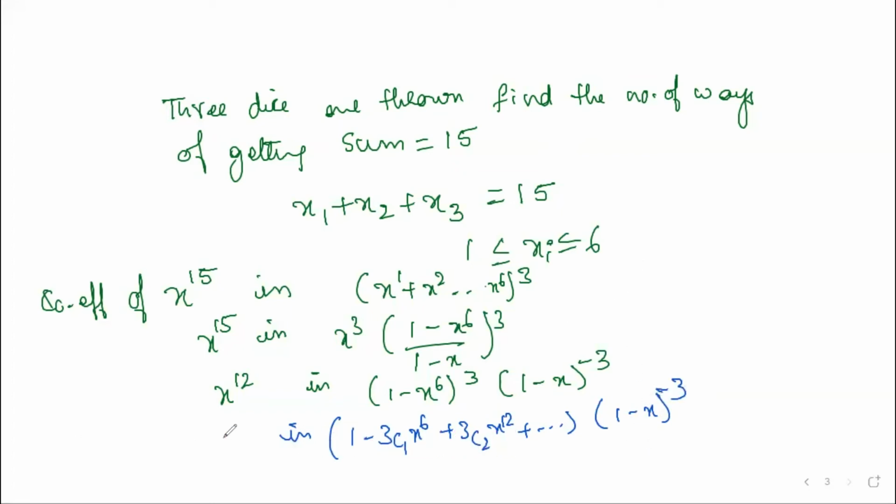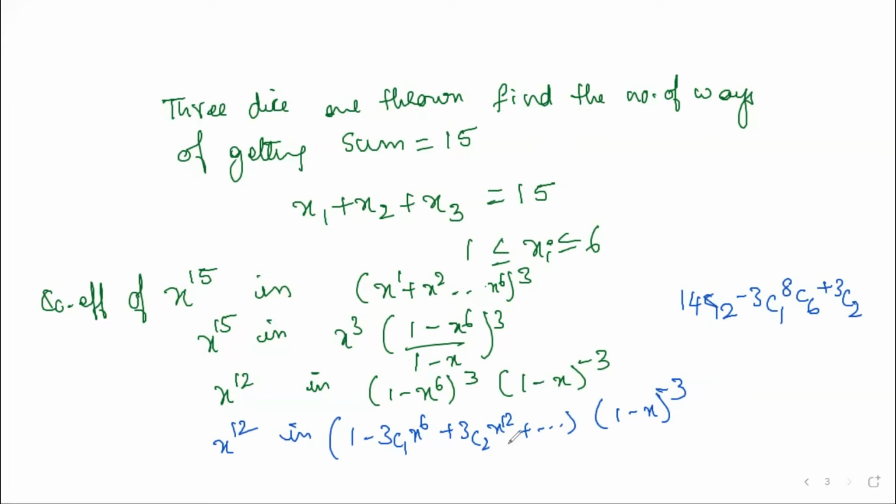So now the coefficient of x^12 in this product. If I'm picking 1, I have to take the coefficient of x^12 here, which is going to be 14c12. Then when I'm considering 3c1, I already have x^6 here and I need to find the x^6 coefficient, which is 8c6, plus when I consider 3c2, I have to pick the first term.